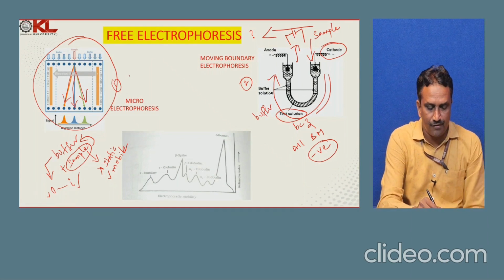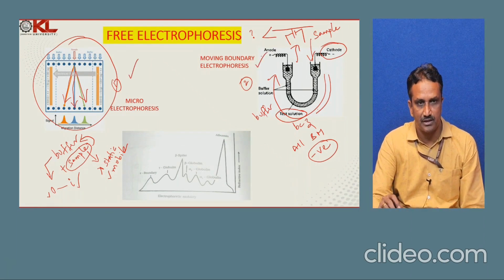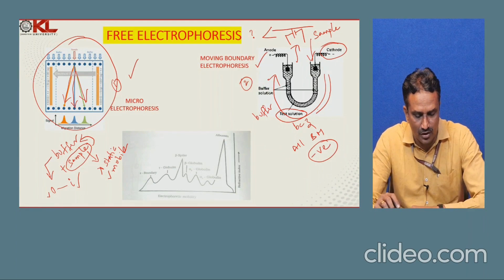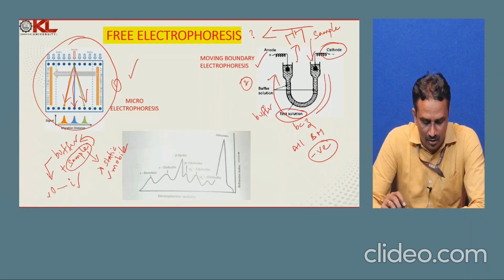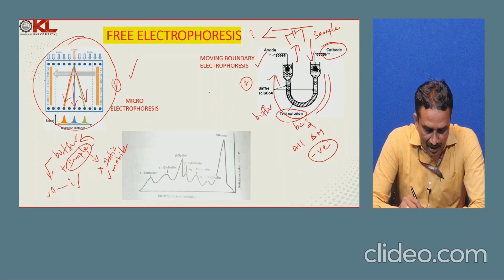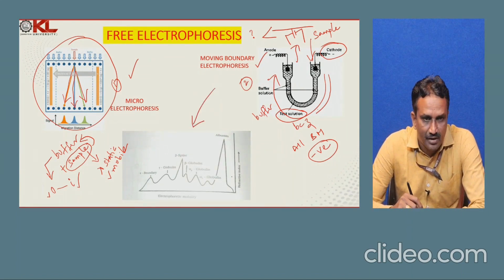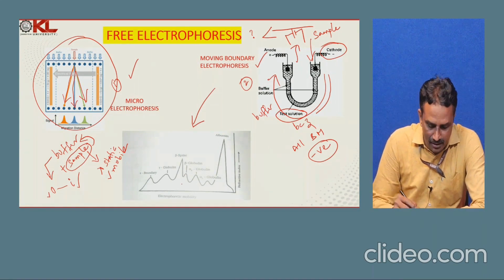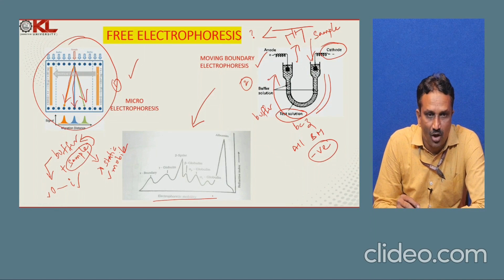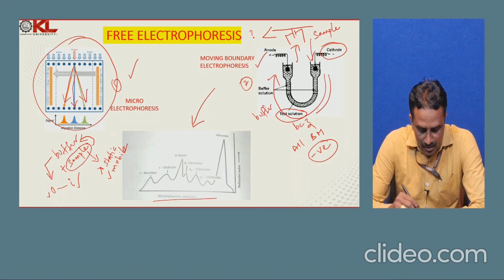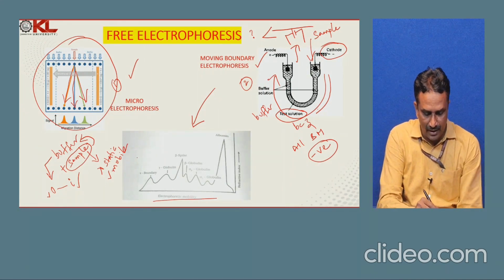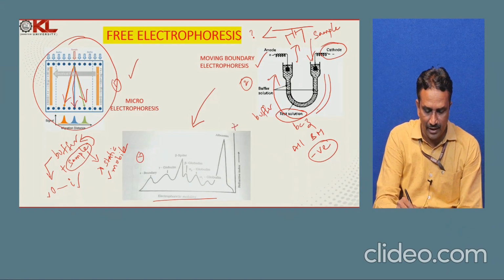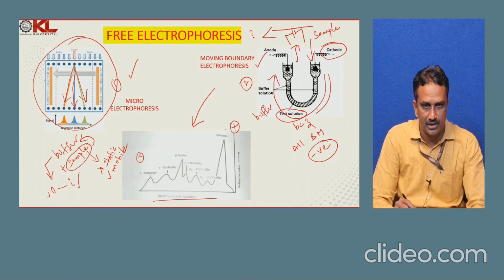Either of these, whether microelectrophoresis or moving boundary electrophoresis, can be equipped with a detector to integrate the data so that you get the electrophoretic mobility of a sample from cathode end to anode end. Now this is the chart.